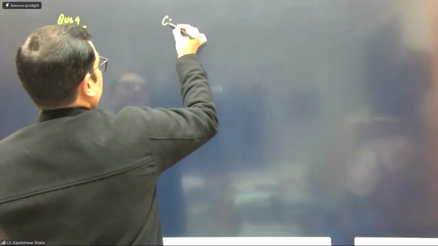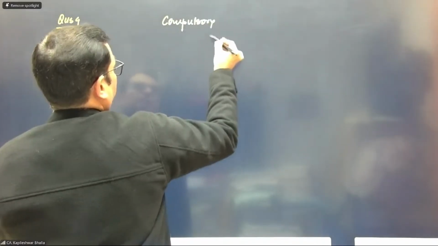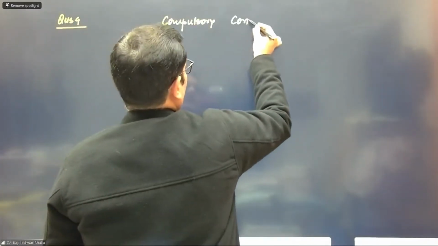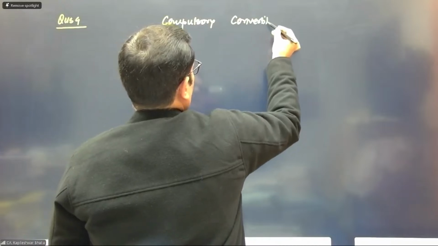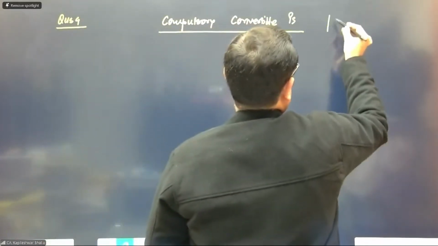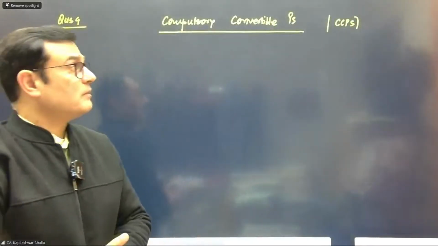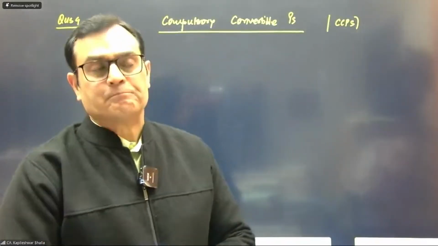So we're looking at question number 4, which is a case of compulsory convertible preference shares. Let's call it CCPS, though it is triple C P S, but I'm just putting it as CCPS.